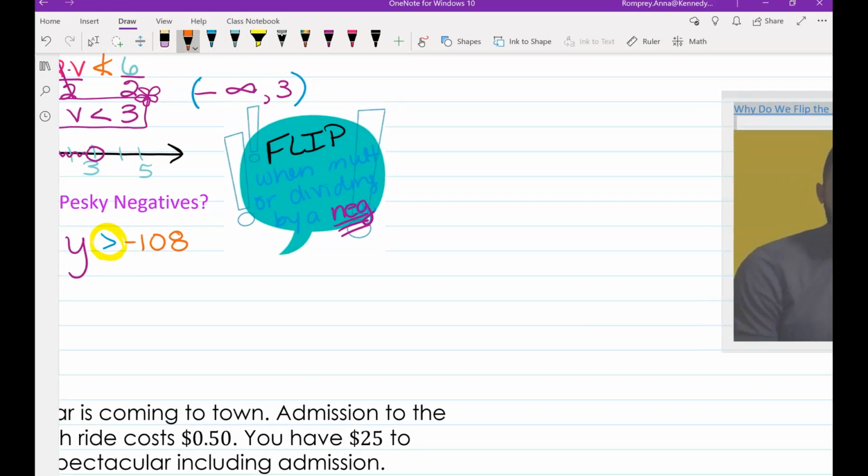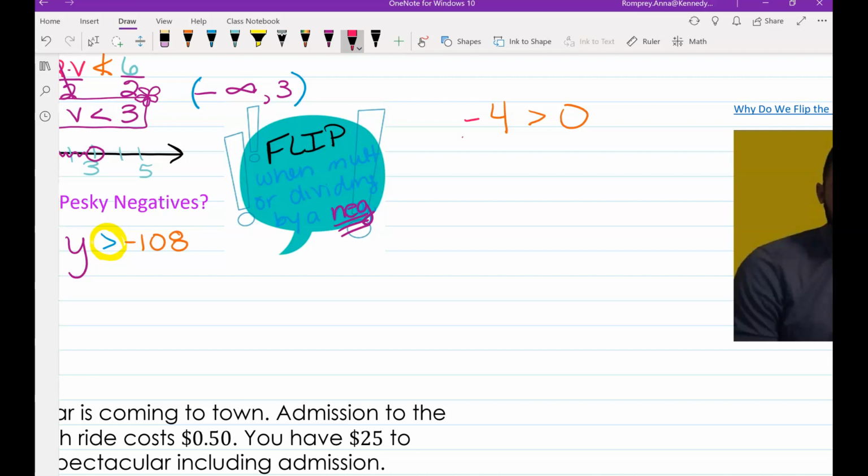Okay, let's do something simple like 4 is greater than 0. Does everybody agree with that? Hopefully, yes. So let's say we make this -4. So let's say it said -4 is greater than 0.